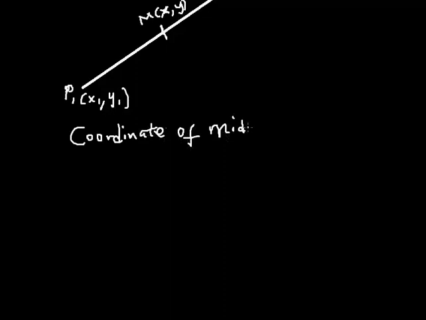Okay, midpoint joining the 2 points P1 and P2. So the coordinate of the midpoint, of course, I use M with coordinate x comma y. How do I get that coordinate of that midpoint? M(x, y). Simple.